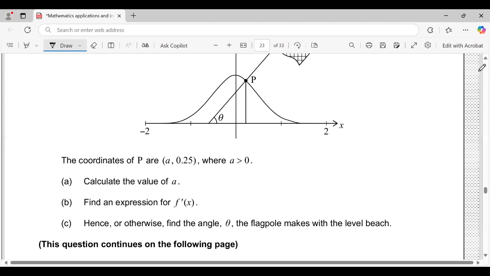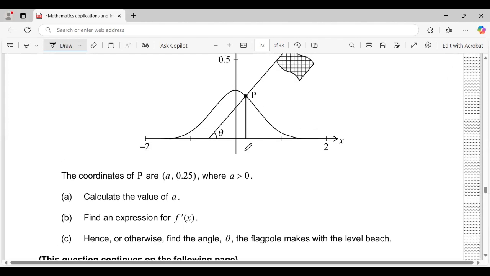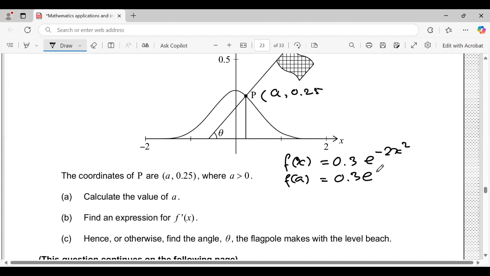We can determine the value of a. The function is f(x) equals 0.3 e to the power minus 2x squared. On this coordinate point a, 0.25, so f(a) equals 0.3 e to the power minus 2a squared equals 0.25.